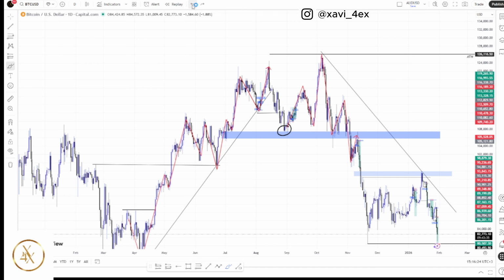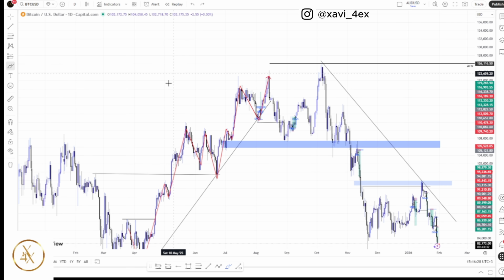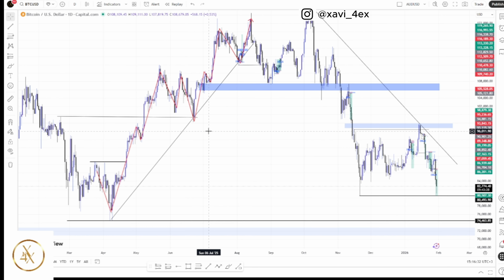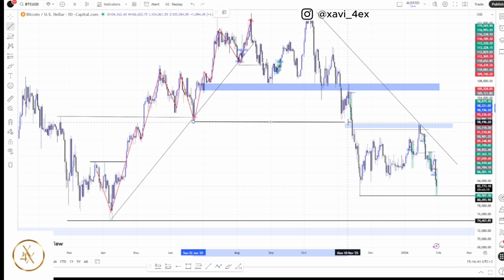Remember, once we start the downtrend, what are we taking out? We are taking out the liquidity that happened while the uptrend was being created. And the liquidity is here. We're taking out these levels here. Taking out these levels here.